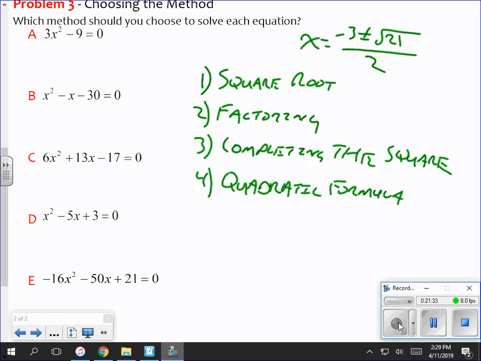Okay, so on these problems, realistically, there aren't any really wrong answers. On the first one, I would do square roots because you have x squared and no other x's, just x squared.